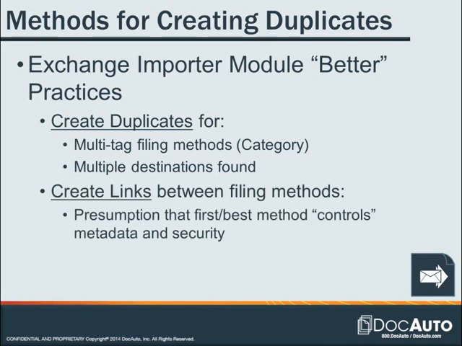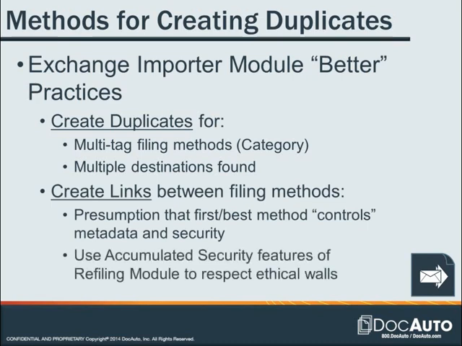Creating links instead of physical copies. The presumption here is that the best or first method controls the metadata and security. And again, based on which methods of tagging, if you're using ePredict, for example, MAPI tags and subject line tags are highly reliable and highly specific in terms of that target.